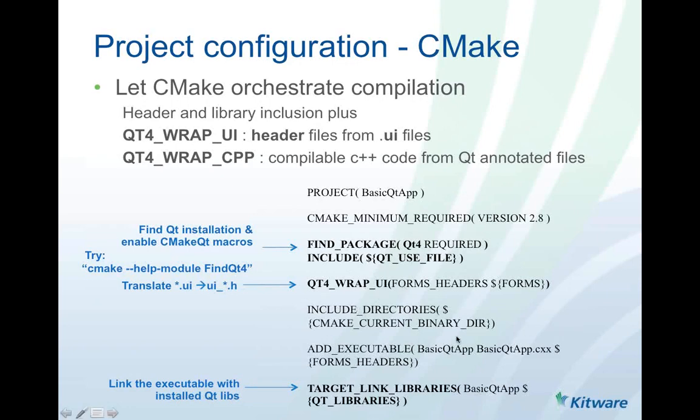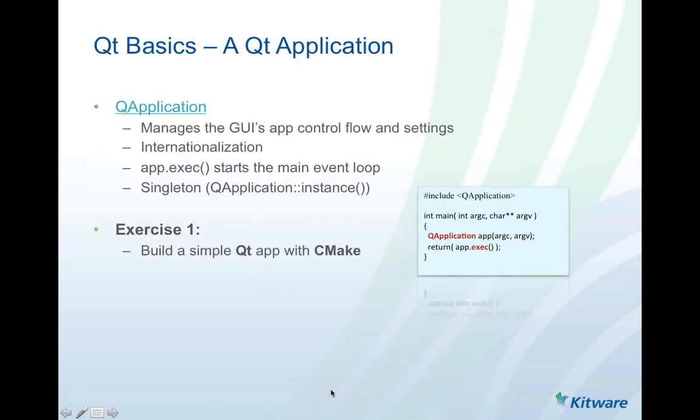You'll set up your compilation, add an executable, whatever you call it, and then as in any other CMake-based project, you'll link that executable to whatever libraries it depends on. Like so, we'll link this basic Qt app to Qt libraries. So we'll start with a very simple Qt application.